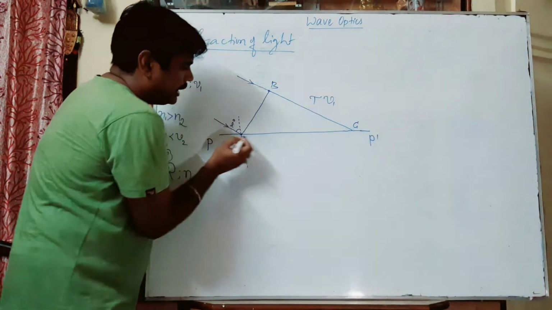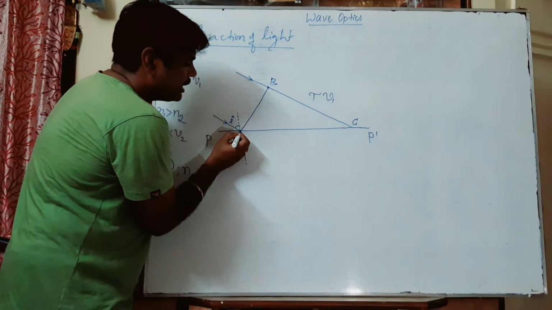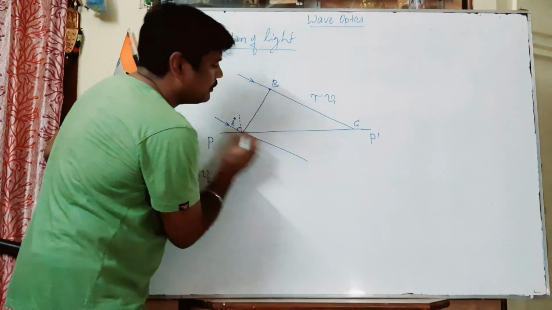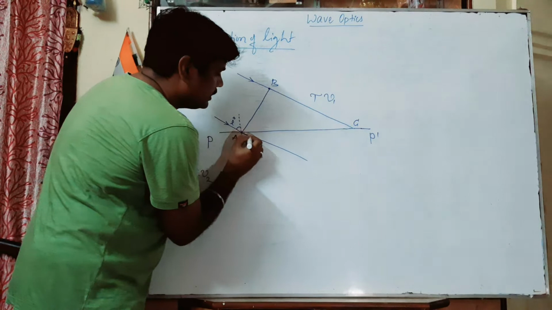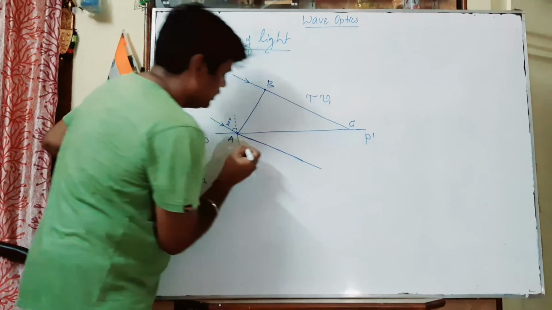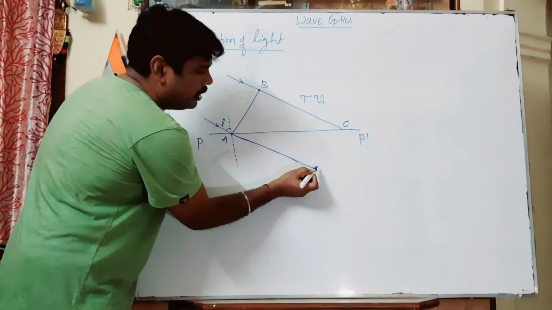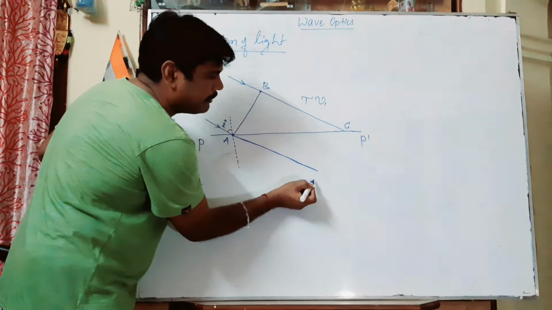Now, in the same time, the refracted light can travel in this direction. It can travel a longer distance than this one because it is faster. It bends away from the normal. Now I draw this straight line, which is perpendicular to the wavefront.